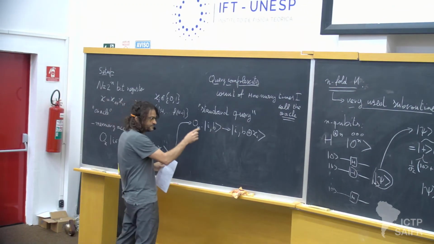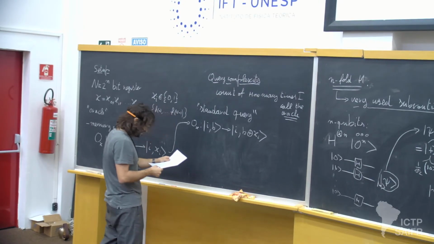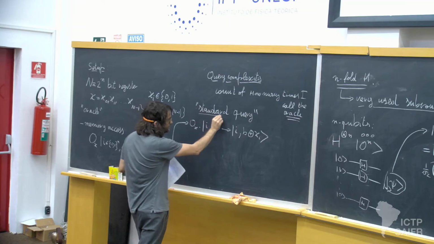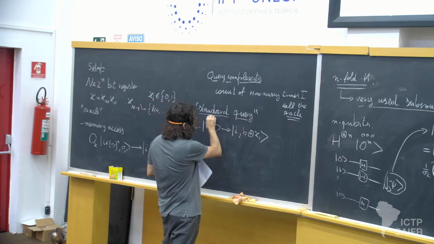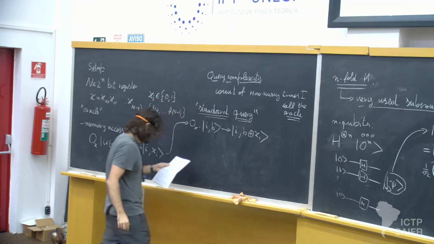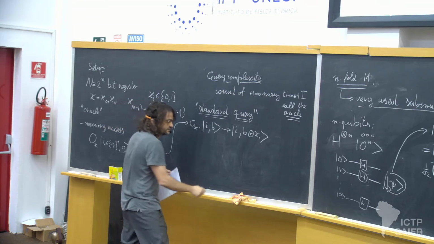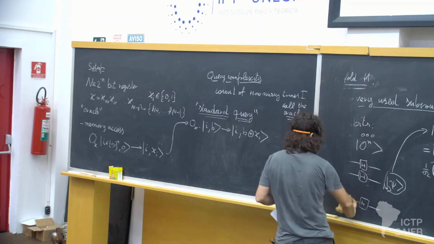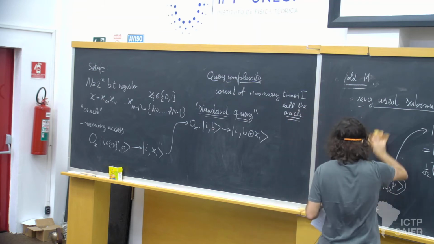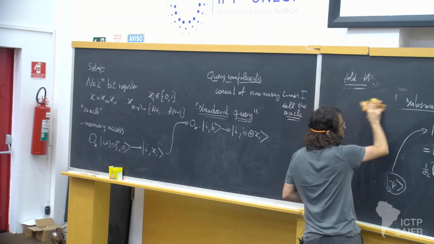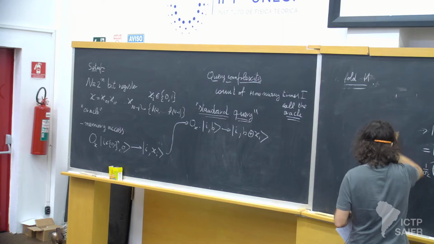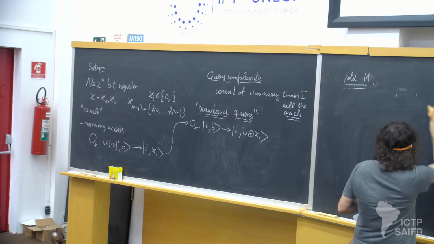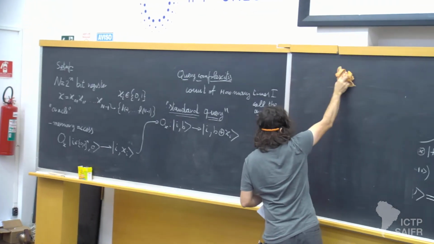Now, before going to actual algorithms, let me also introduce another way to essentially do the same operation that sometimes can be more convenient, which is the so-called phase query.